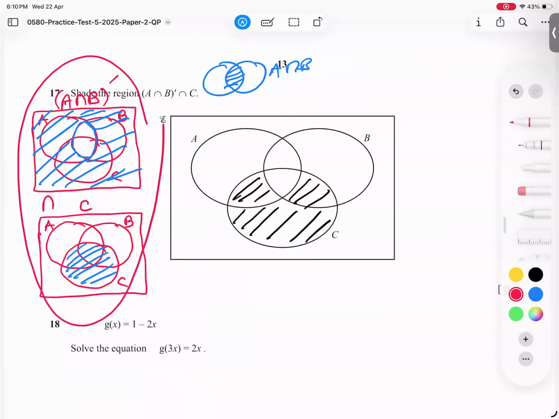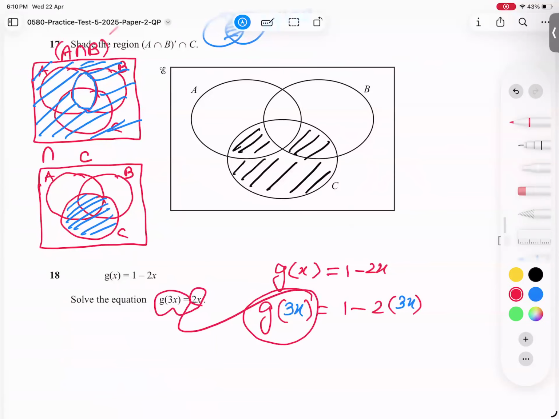Replaced by 2x. Here I got 6x. 6x comes this side. And I got 8x. And 8x equal to 1. And finally, I got x equal to 1 over 8. I hope so. The point is very, very clear.